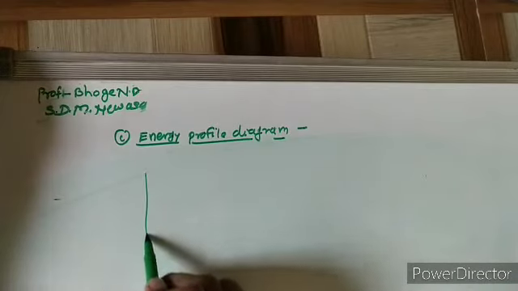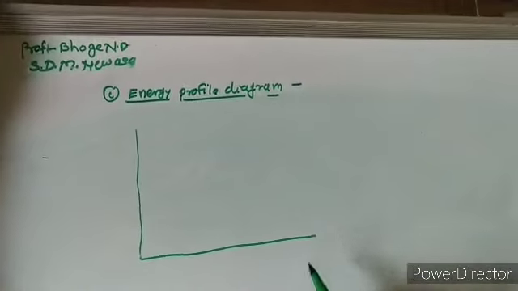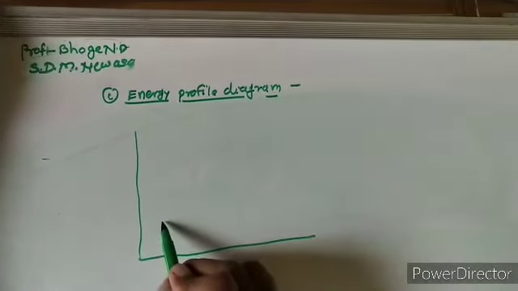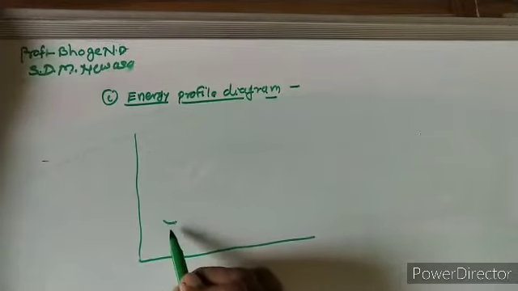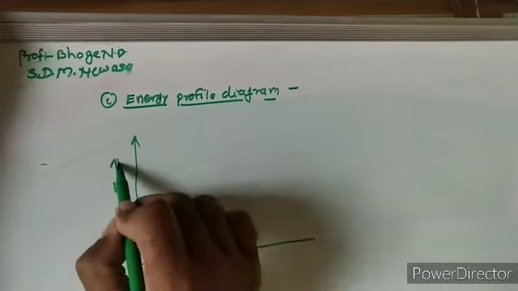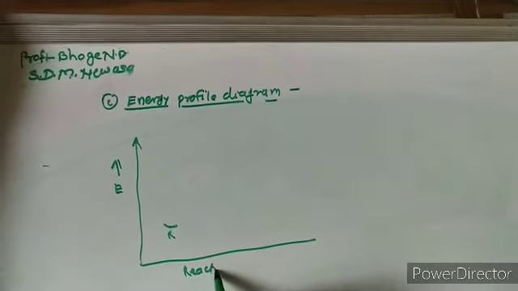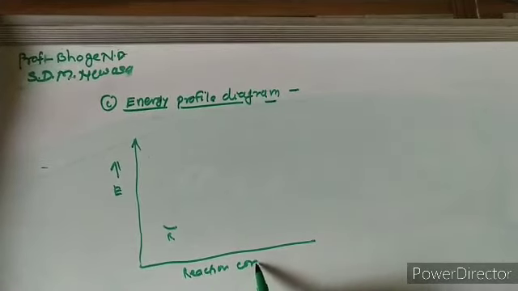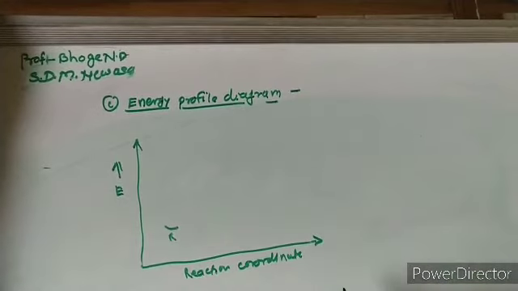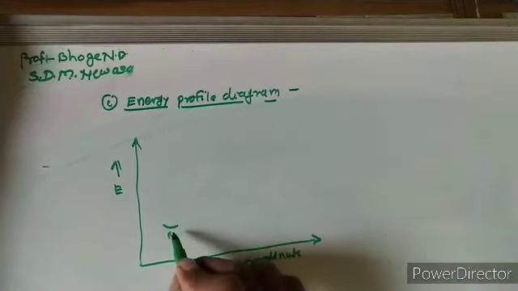If we study energy changes during the SN1 reaction, this axis is the energy axis, energy changes on this axis. This axis is the reaction coordinate.